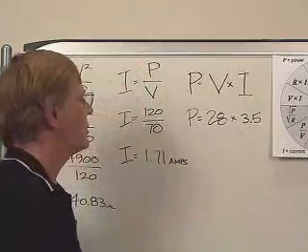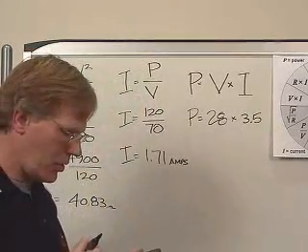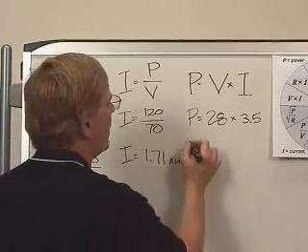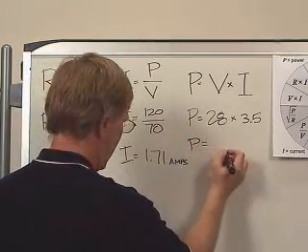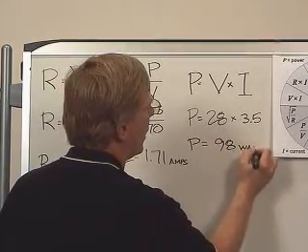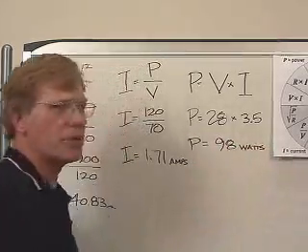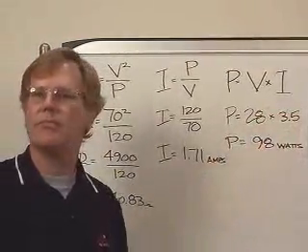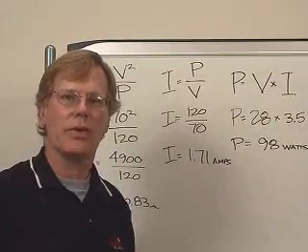So 28 volts times 3.5 amperes, so 28 times 3.5. In this circuit, we have 98 watts worth of power consumed in the circuit. So this is just using Ohm's law and the formula wheel. Any two things you know about the circuit, you can find out the third.